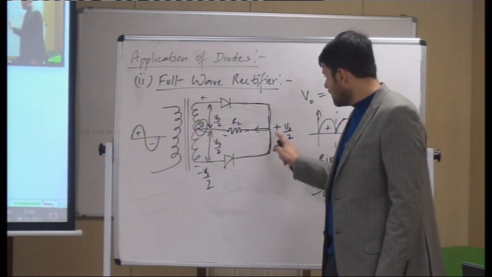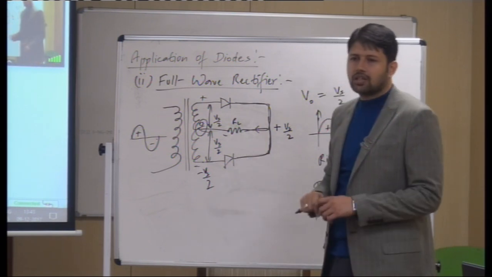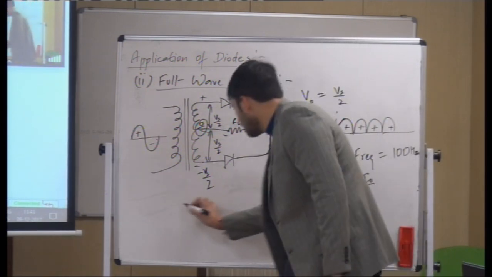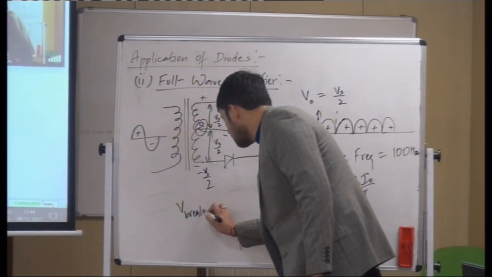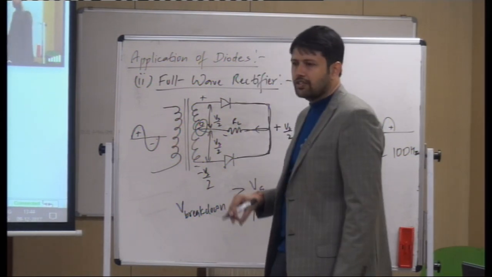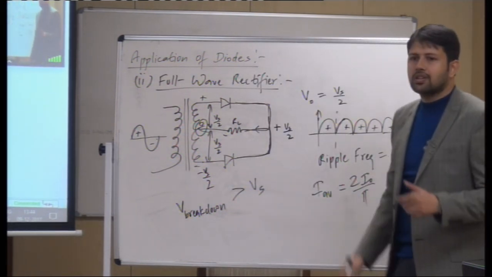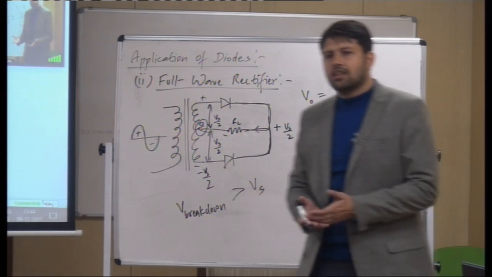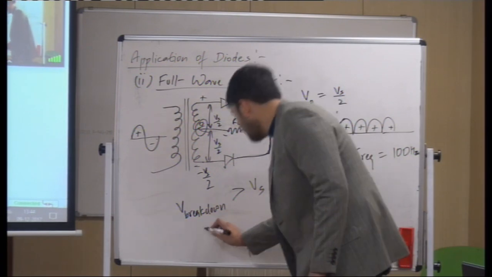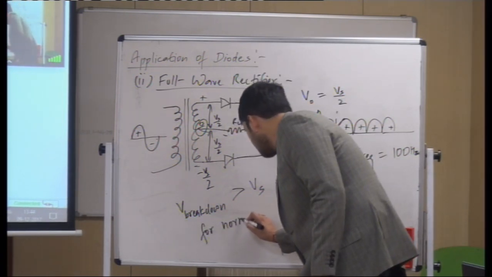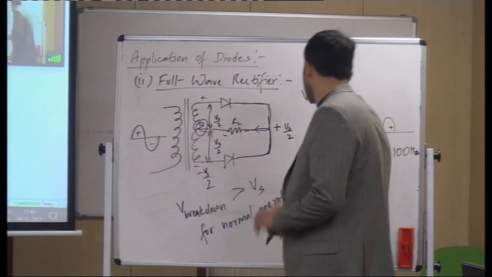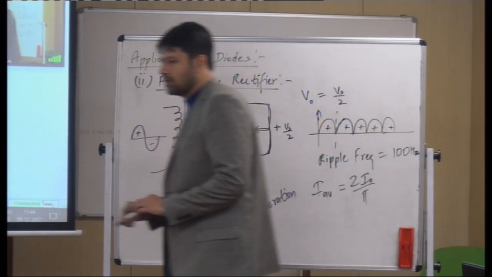The potential difference between the diode terminals would be Vs. So here also the breakdown voltage should be more than Vs. Even though we are getting half output, the diode is still equally likely to break down as in the previous case, right? For normal operation.